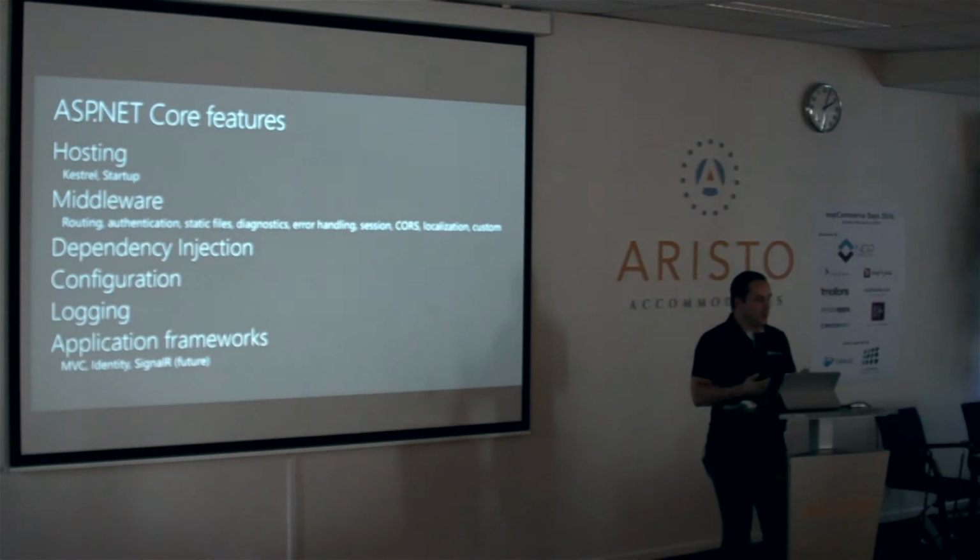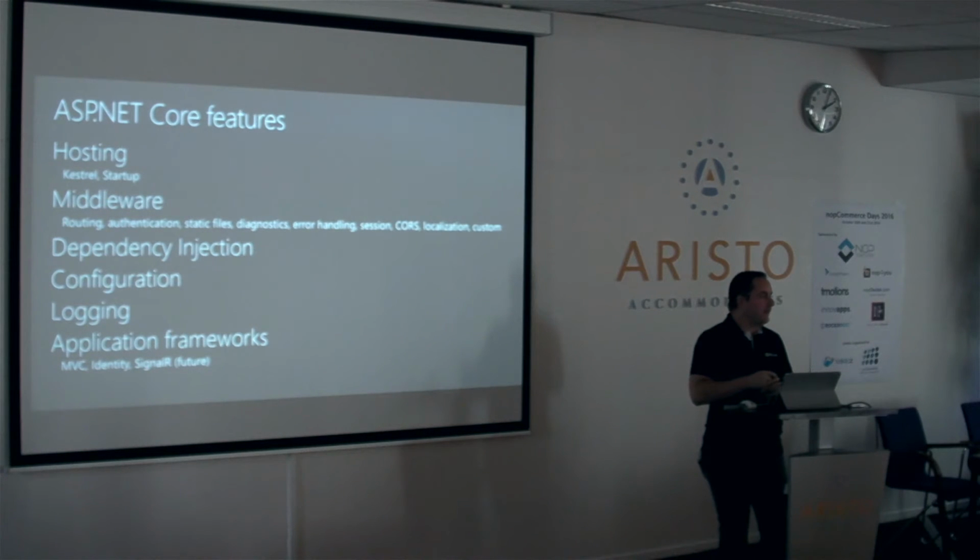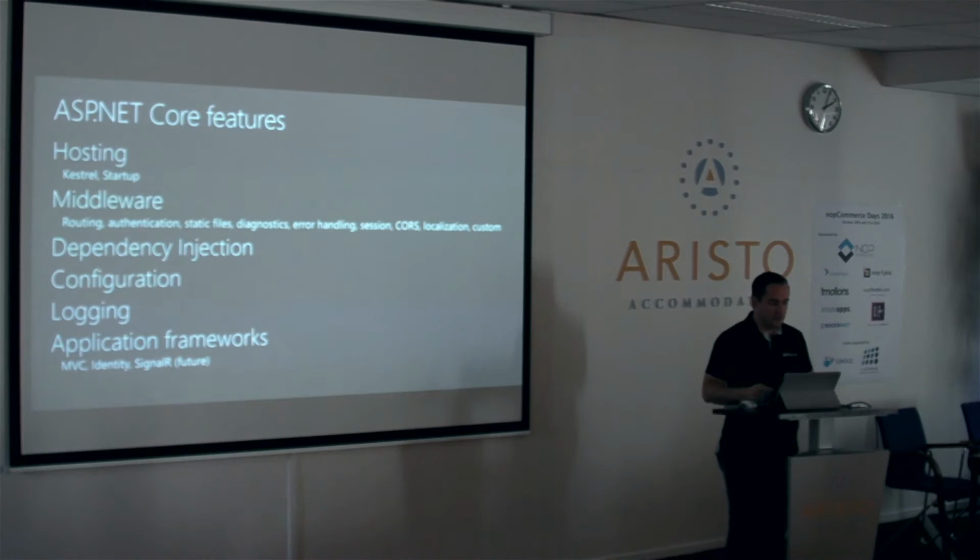So what do we get with ASP.NET Core? We have hosting by Kestrel. We have middleware, which I'm going to explain in a later slide. Basically, we add functionality to our pipeline, for example for logging, for exception handling, or for the 404 page, or something else you want to do.